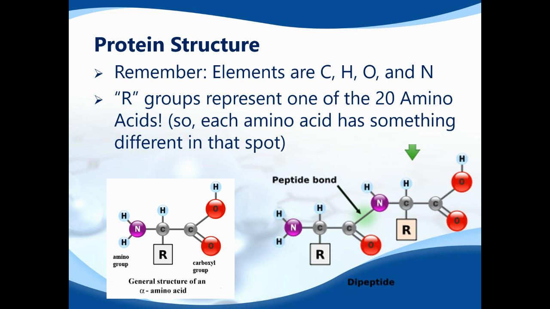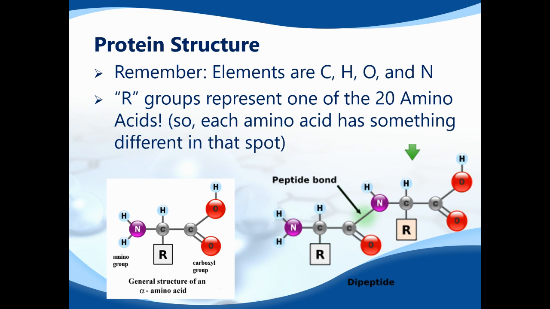Protein structure. Remember, the elements present in protein are carbon, hydrogen, oxygen, and now also nitrogen. The R groups represent one of the 20 amino acids, so each amino acid has something different in that spot. Here you can see the structure. Proteins are connected via a long chain of amino acids, and they are connected via peptide linkage.